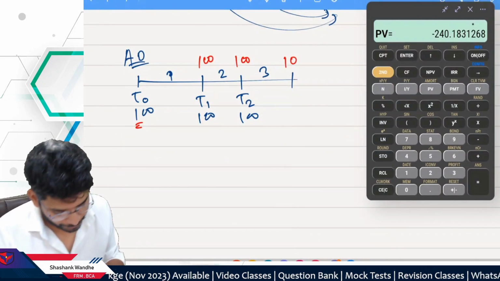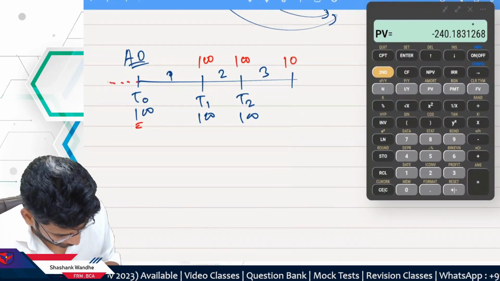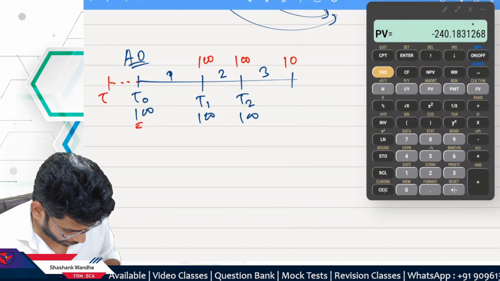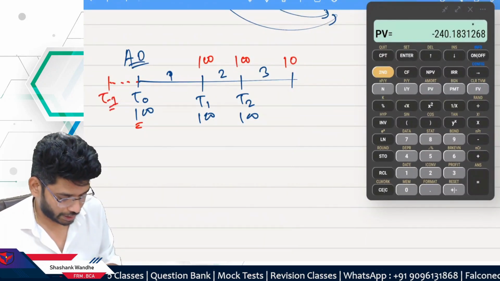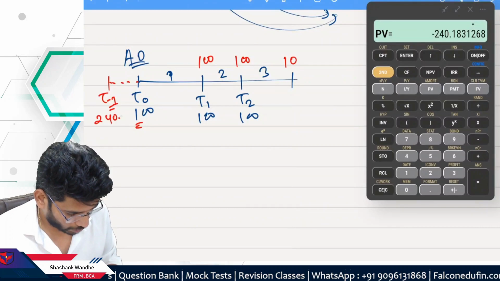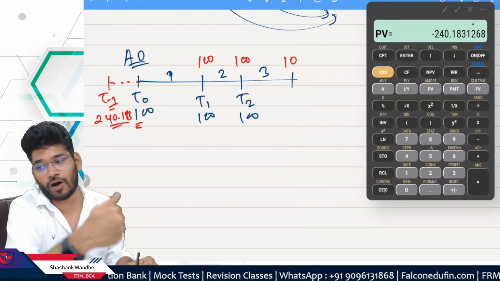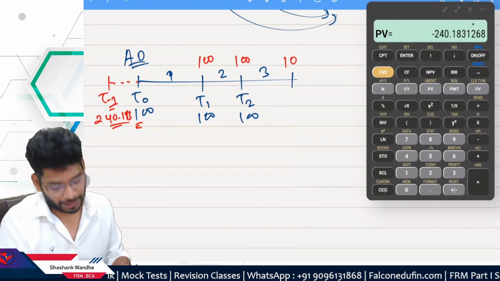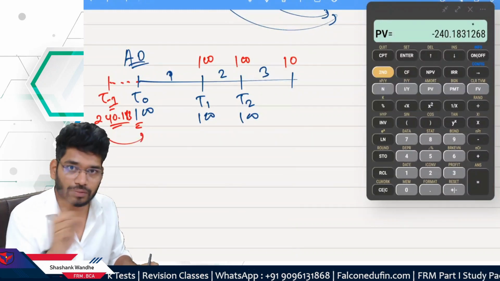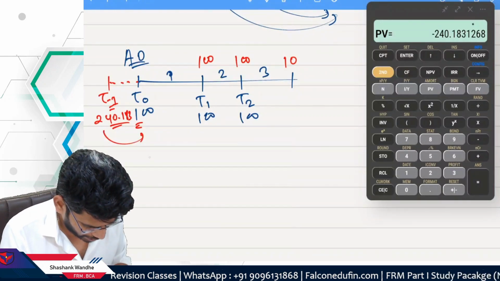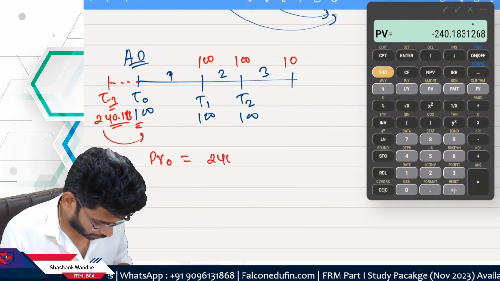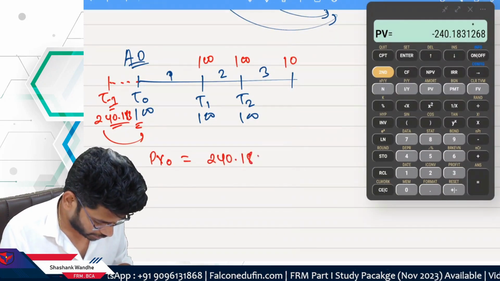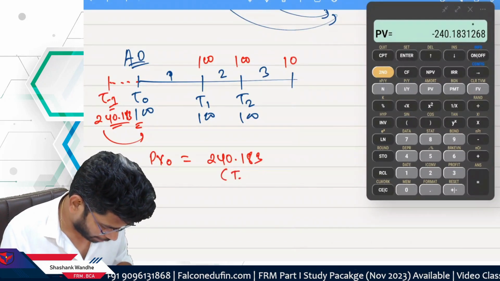But remember, this calculation is giving you the present value at this particular point. So this 240.183 is for this period T-1, and you have to get it to this level. So for this we can do this calculation. So PV0 is equal to 240.183, which is from T-1.